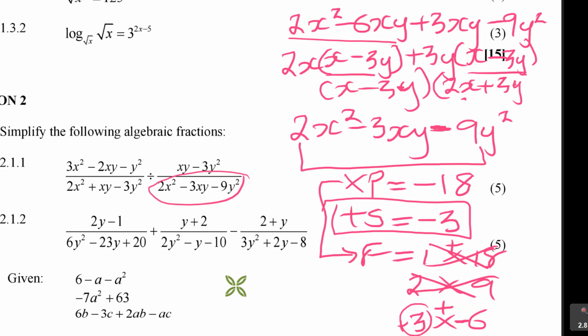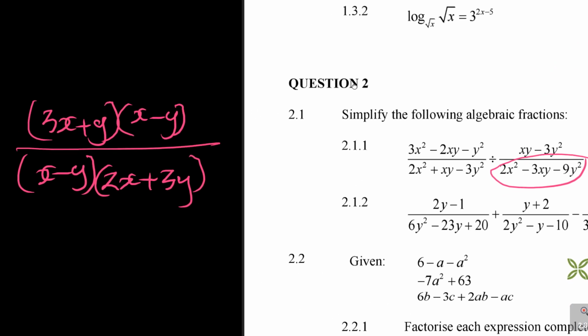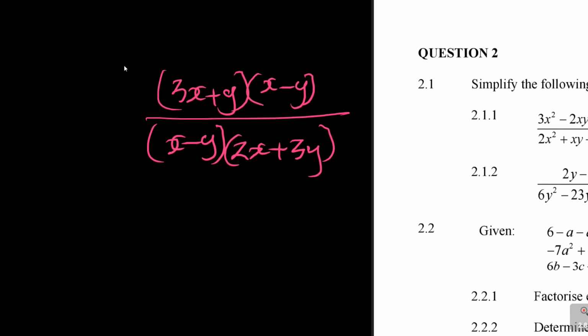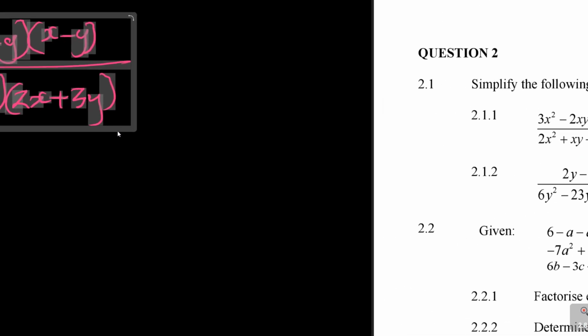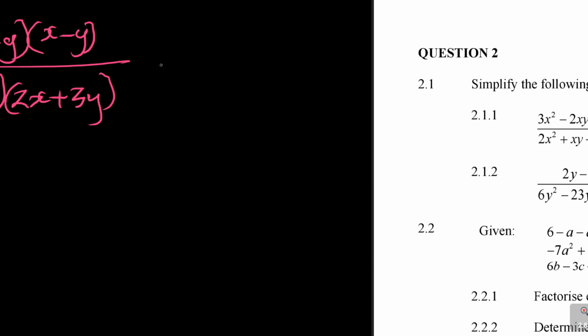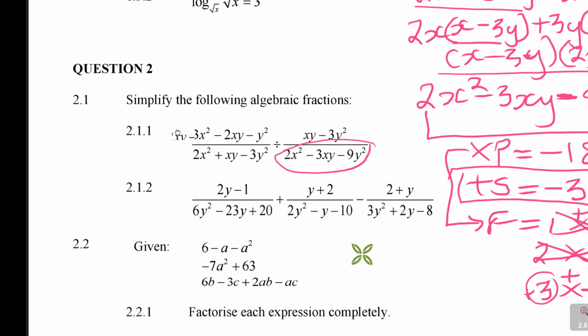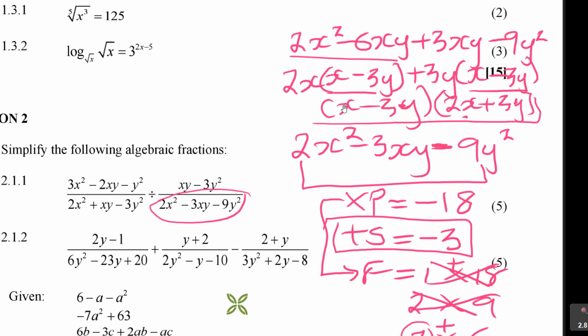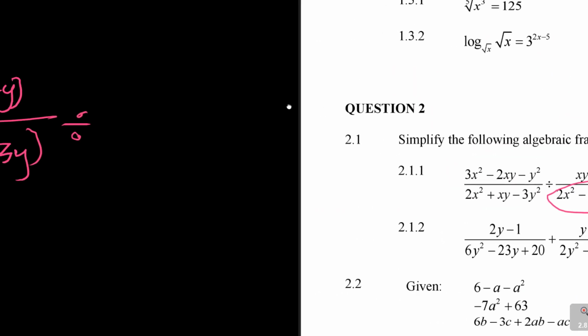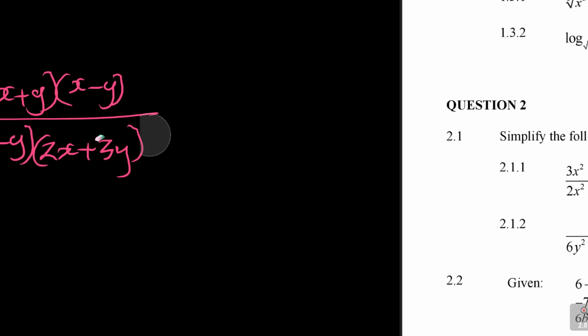I see that. So now, since you have got these, you can come back here. It was divided by. So I'll need a bit of space here to take it a bit this side. To say it was divided by, and then at the bottom there, it's this one, x minus 3y, times 2x plus 3y. But I don't want to write divided, just to save time. I must convert it into a times.